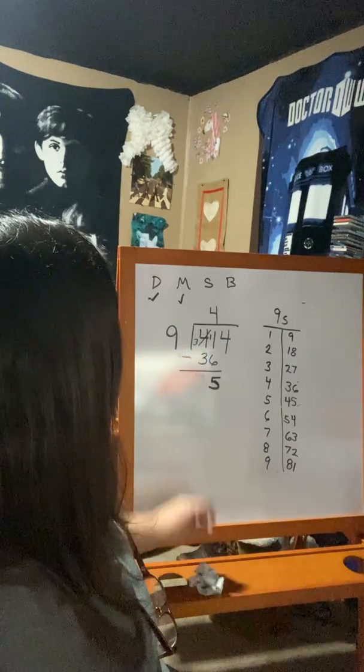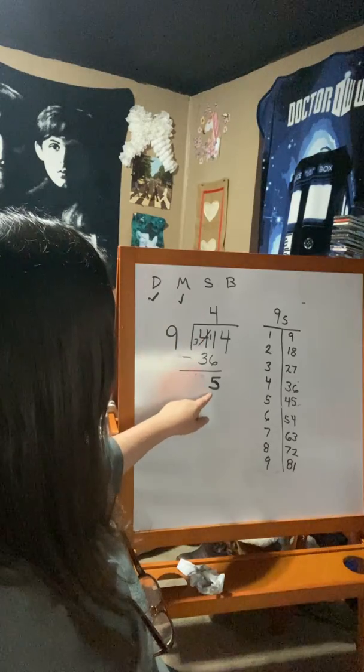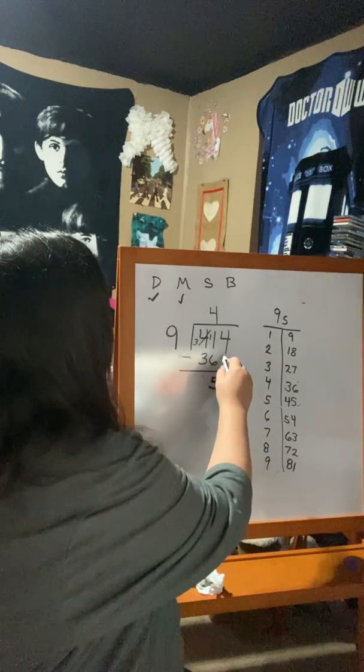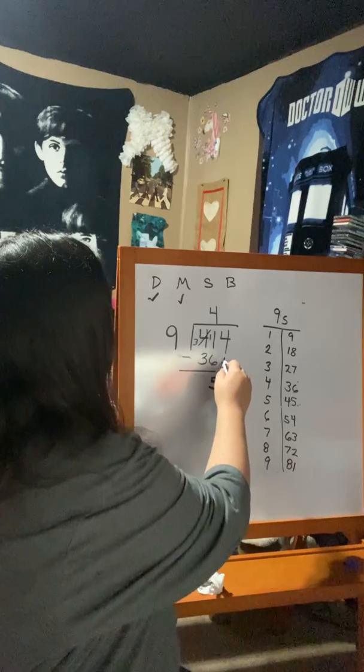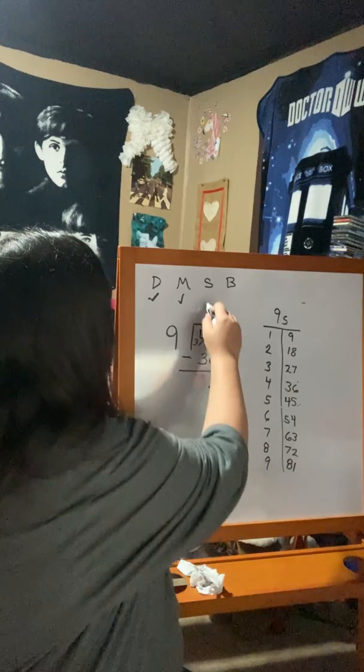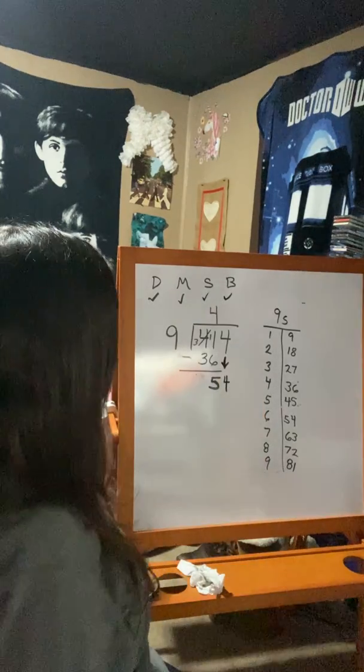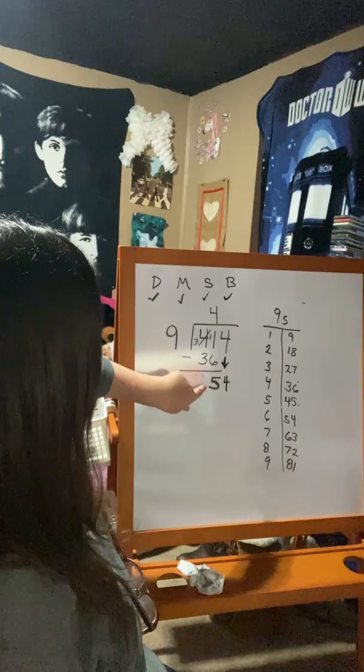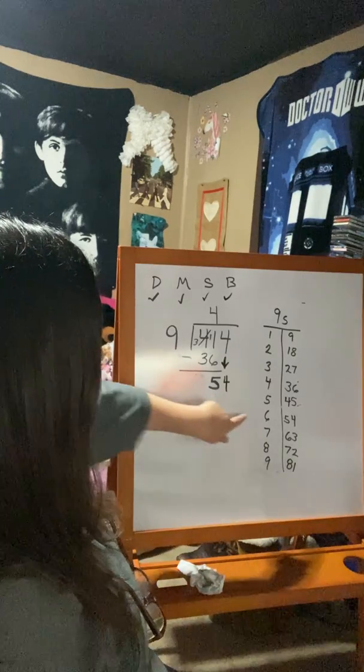So now that we know that 41 minus 36 is 5, we have to bring down this 4. We subtracted, and then we have to bring down. So will 9 go into 54?